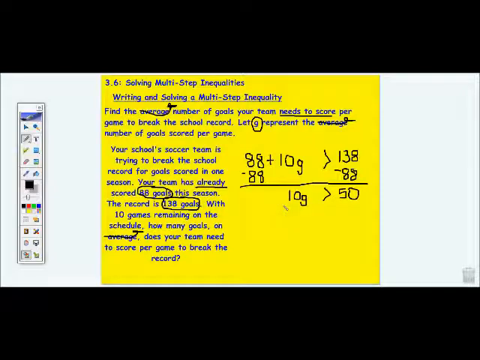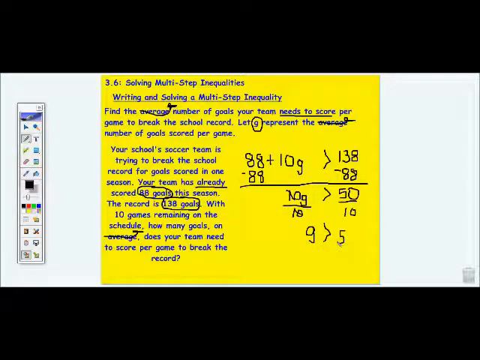Now to solve for a single variable, we need to divide by 10. Divide by 10 on this side as well. And again, it was a positive, 10 over 10 equals 1. So I have 1G. We divide by a positive, so the inequality symbol, although sloppy, remains the same. And 50 divided by 10 is 5.